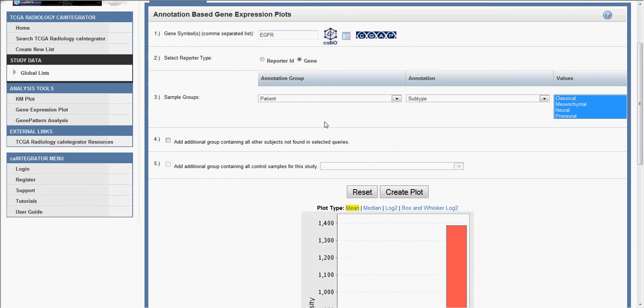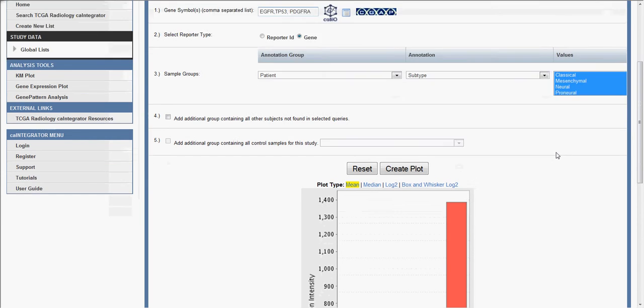tumor type. So let's look at a list of other genes. Let's choose P53, and let's also look at platelet-derived growth factor receptor alpha type. And here's a list of 3 genes. We want to look at the expression pattern of the 3 genes for different subtypes of tumor.